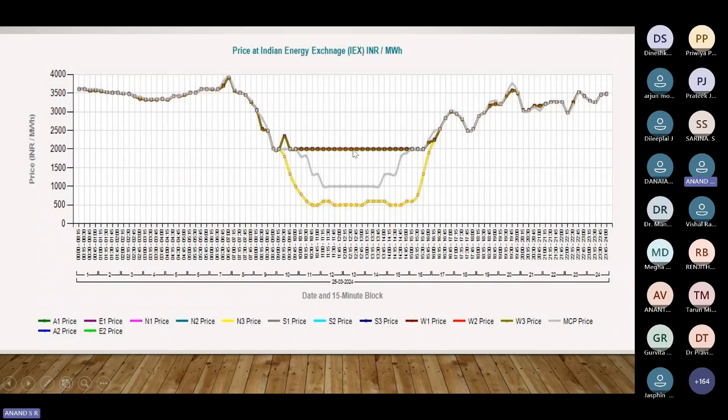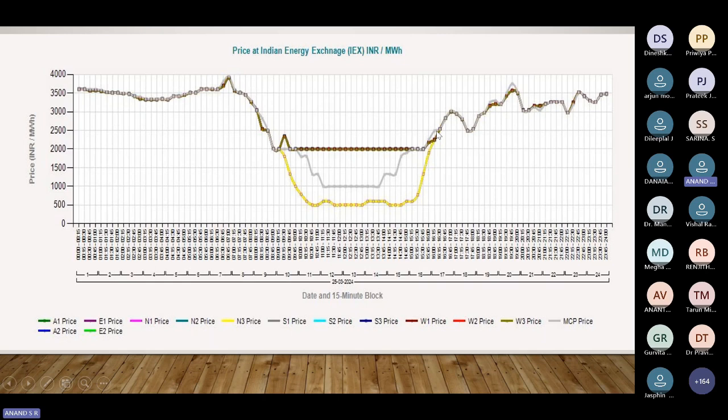And here there has been some constraint, and here it is capped at 2 rupees per unit because the requirement of power is there, but the generator located in N3 was not able to serve this area. Now, taking away all the constraints, if there were no constraints theoretically, then the price could have been in this pattern. That is about 1 rupee per unit could have been the price during daytime when the solar is very high.